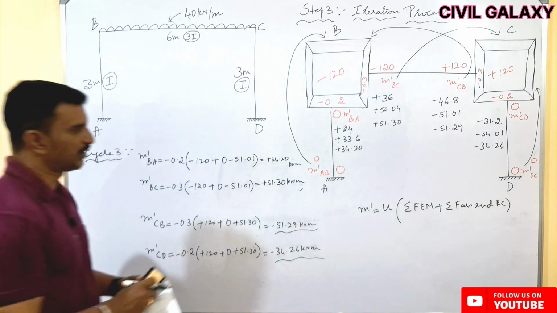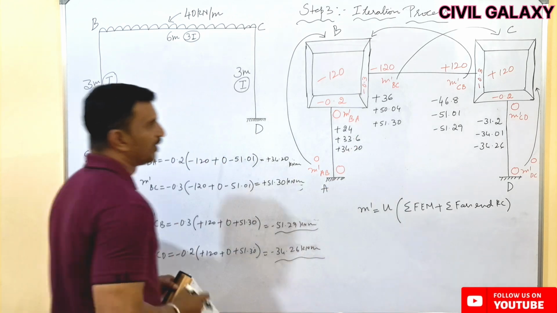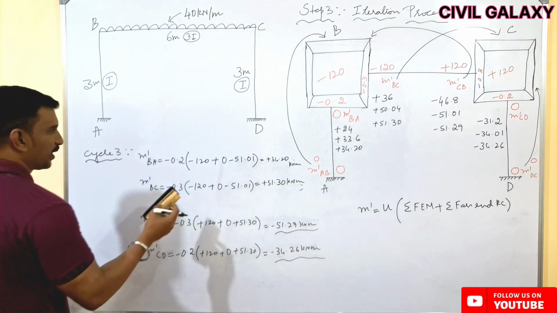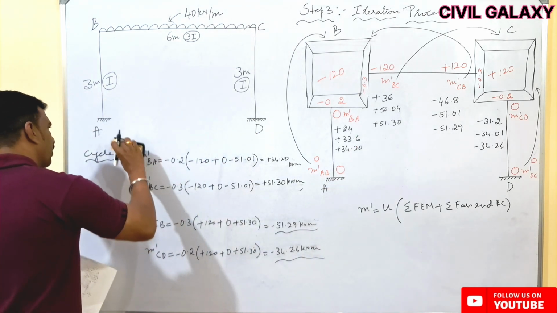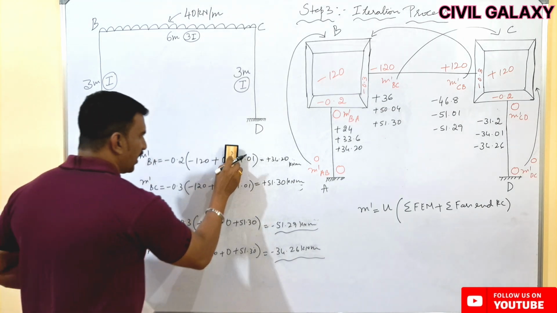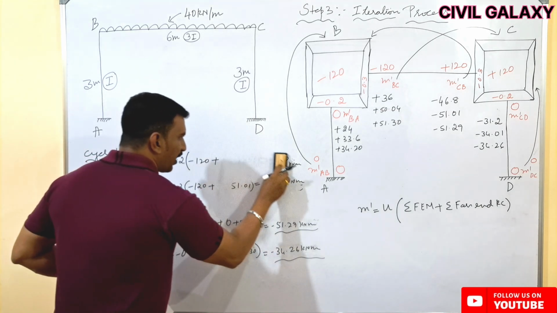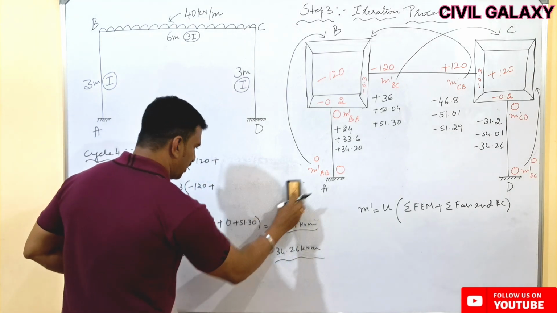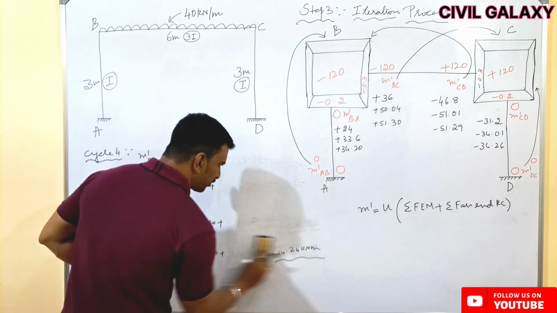So if you observe over here, the values are not similar, so we need to go for the fourth cycle. Everything remains the same, only the far end rotation contributions keep changing.